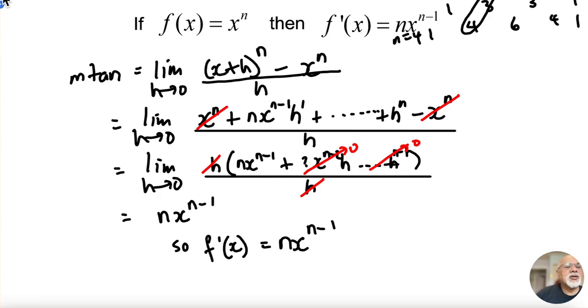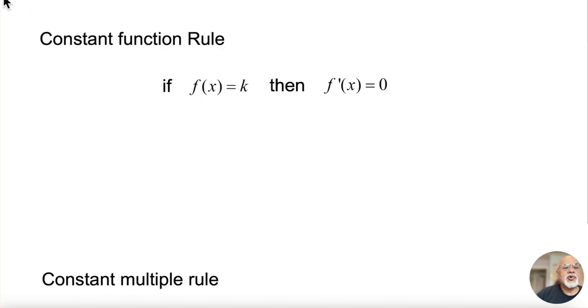Now, regarding the other rules, the next one is the constant function rule. If f of x is equal to some constant, then the derivative would be 0. If you think about this, it makes sense, because if a function is just some constant like 6, for example, that corresponds to a line going through the y-intercept of 6, and so its slope is 0.